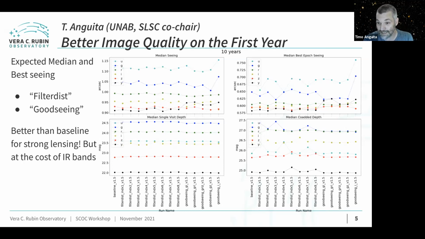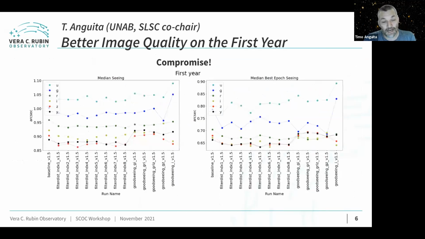And then last slide, please. This is the same simulation of the median seeing, but only taking into account the first year. And what's most interesting for us, the median best epoch seeing. So this would be the single visit depth image quality of the whole wide fast deep area.